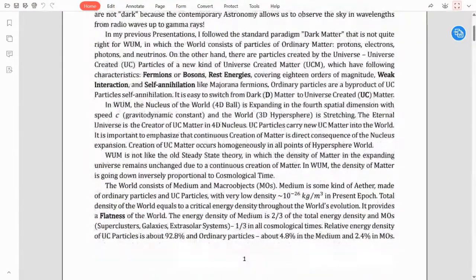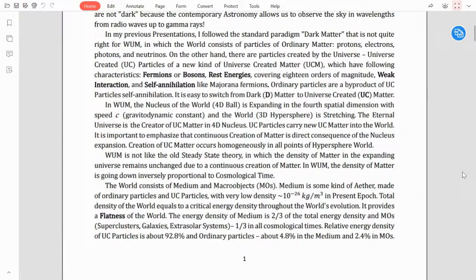In the World Universe model, the nucleus of the world, a 4D ball, is expanding in the fourth spatial dimension with speed c, the gravitodynamic constant, and the world 3D hypersphere is stretching. The eternal universe is the creator of UC matter in the 4D nucleus. UC particles carry new UC matter into the world. It is important to emphasize that continuous creation of matter is a direct consequence of the nucleus expansion.